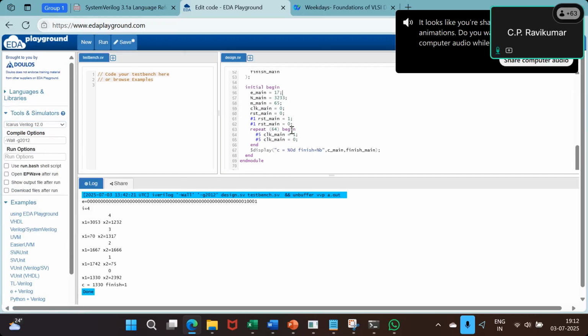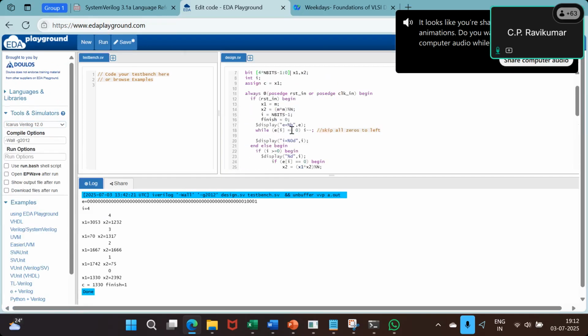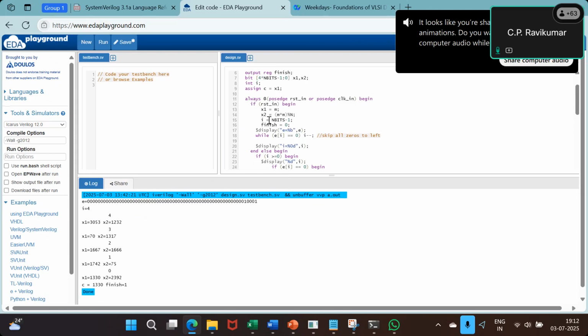So the fix was, here is the bug. When we reset, we initialized x1 and x2 to m and m square. And then we said i equal to n bits minus 1, that means point to the leftmost bit position. Then while ei is 0, keep on decrementing i so that when you stop, you are pointing to that leftmost i.